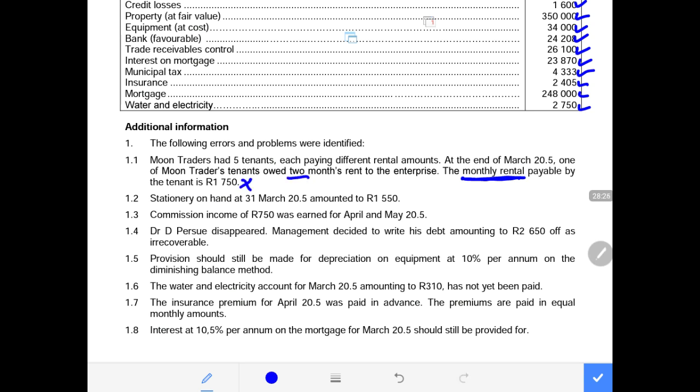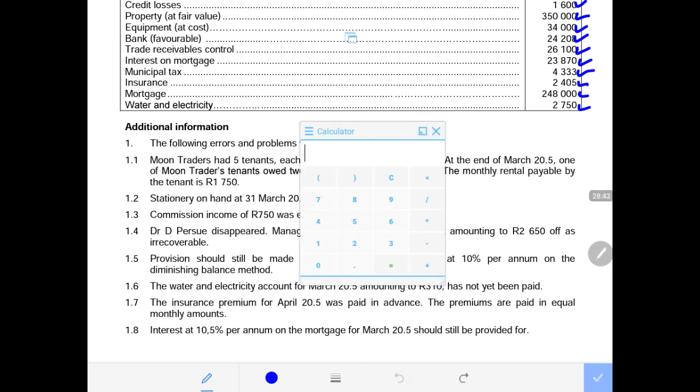Therefore, this must be multiplied by 2. Anything not yet paid, meaning money that we have not received, we were supposed to receive 1,750 for 2 months. We have not received it. So we say 1,750 times 2. This amount is not yet received.